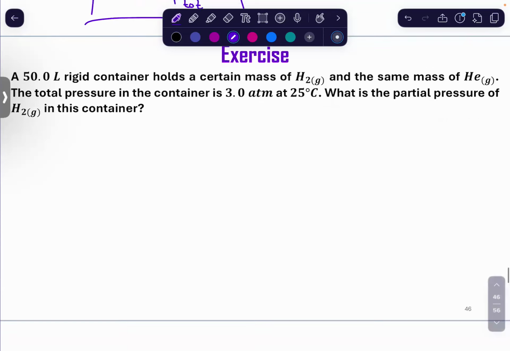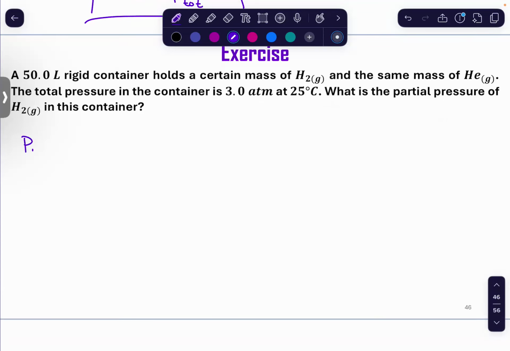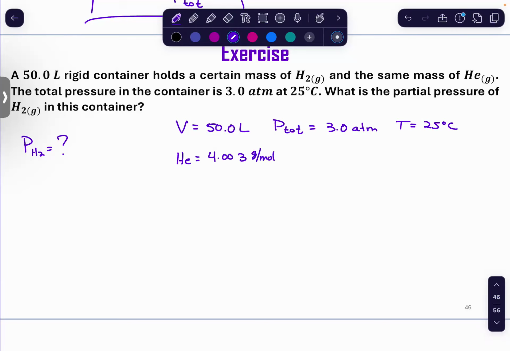Okay, so partial pressure of H2. My container, 50 liters. The total pressure is 3 atmospheres, temperature is 25 Celsius. Let's see, helium is 4.003 grams per mole. Hydrogen is 1.01 grams per mole.